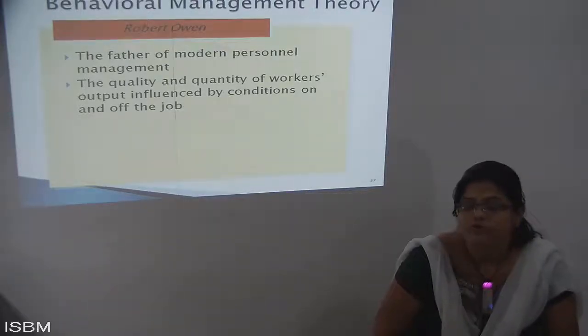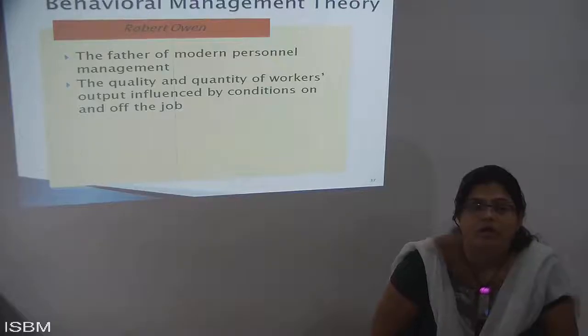So Robert Owen gave one type of modern technique, as the father of modern personnel management. He analyzed the behavior management of people in the organization individually, how you perform at that time, how you use good techniques, and how you interact with the people.